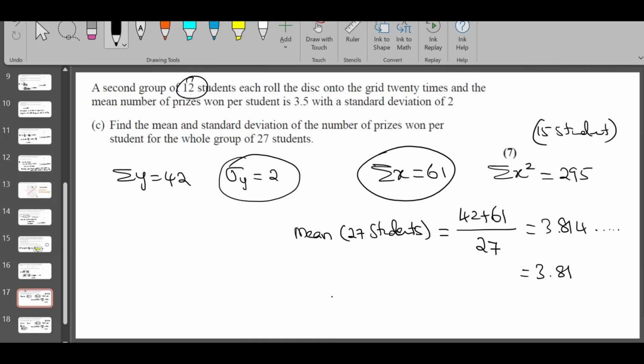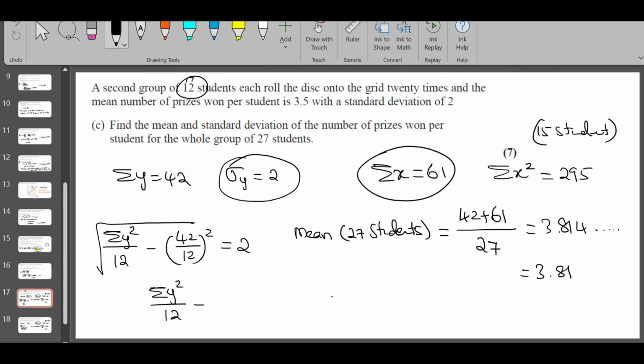You can write it as the square root of sigma y square over 12 minus sigma y over 12 whole square, is equal to 2, correct? So you square both sides. Sigma y square over 12 minus this value is equal to 2 square. Bring this value here after squaring it, you'll get 4 plus 42 over 12 whole square. Make sigma y square the subject.